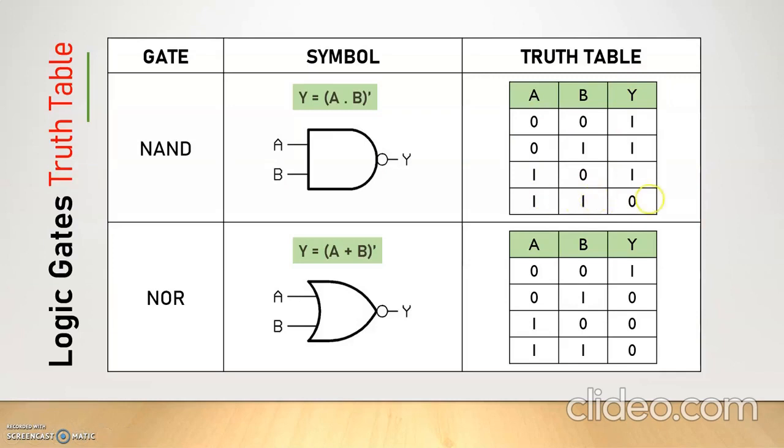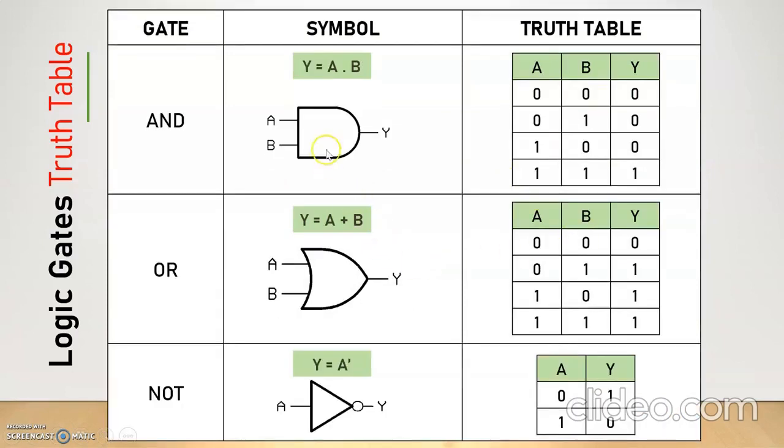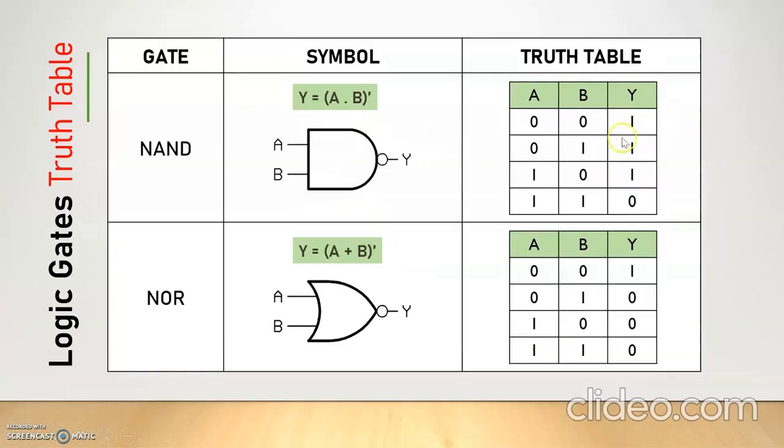NOT true is false. Alright, so we have 1 1 1 0 here. This is just the reverse of the previous one. If you look at AND, it is 0 0 0 1, but NAND is 1 1 1 0, because NAND is the reverse of AND.